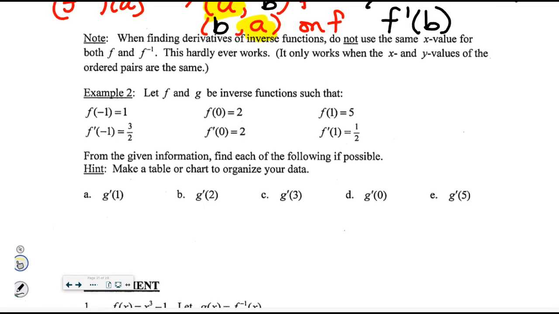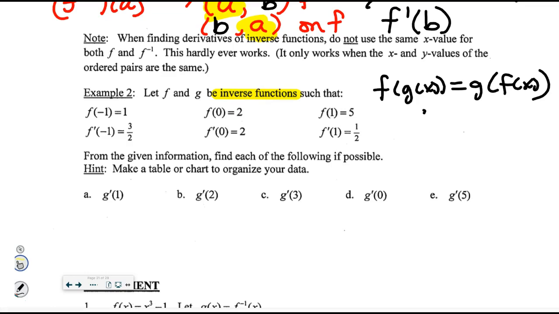It says, let F and G be inverse functions. By the way, know that there's a couple ways they can tell you that. This one actually says they're inverse functions, right? Sometimes it'll say F of G of X equals G of F of X. That means that they're inverses.